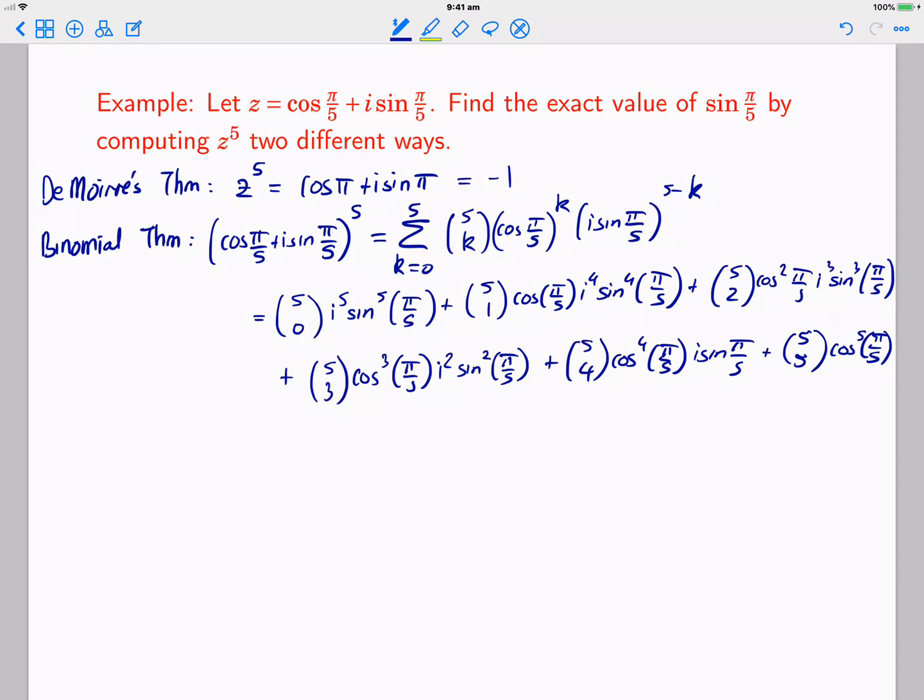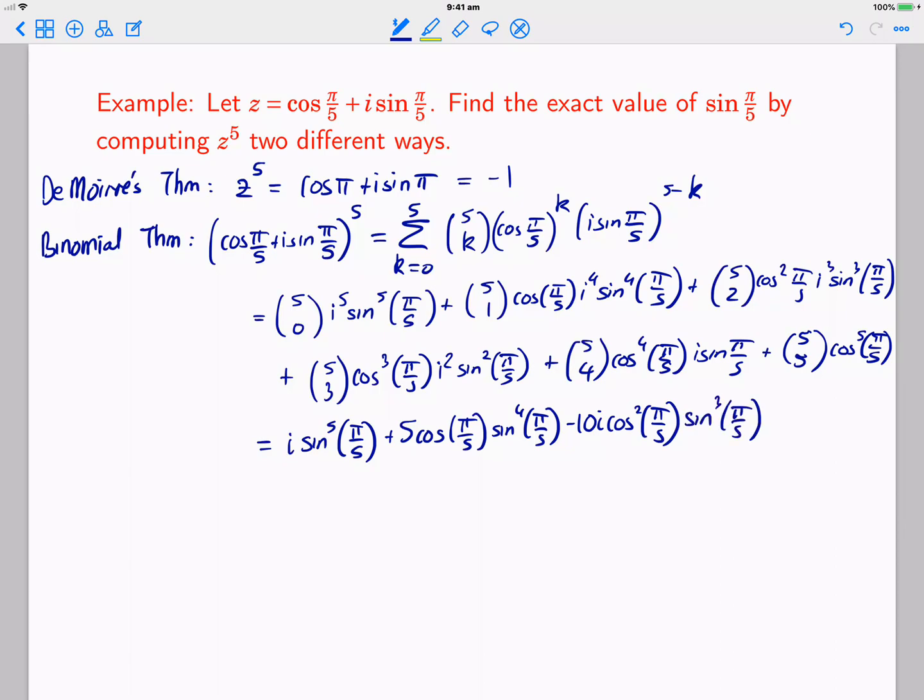So if I do that, and do the choose calculations on my calculator, I get i sine to the 5 pi on 5, plus 5 cos pi on 5 sine to the power of 4 pi on 5, minus 10i cos squared pi on 5 sine cubed pi on 5, minus 10 cos cubed pi on 5 sine squared pi on 5.